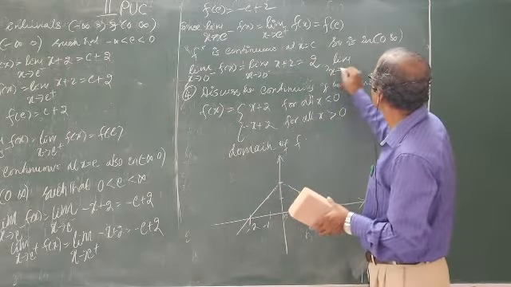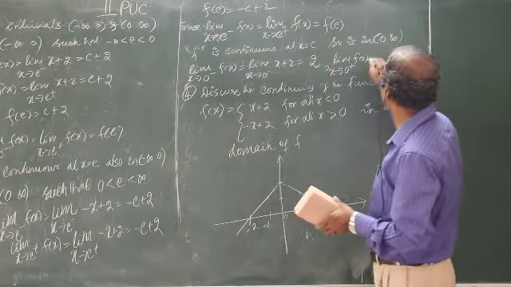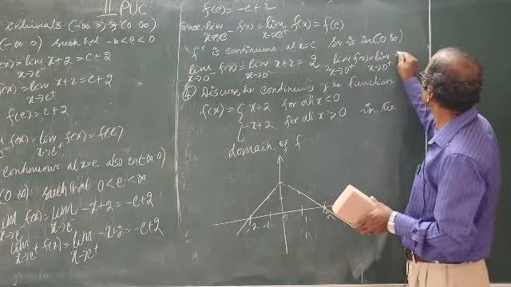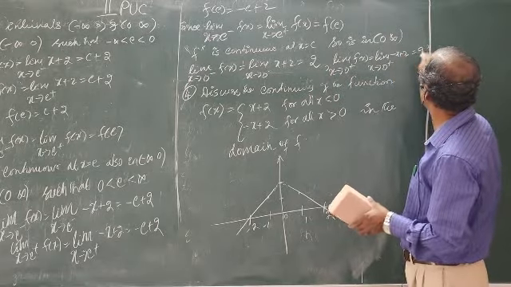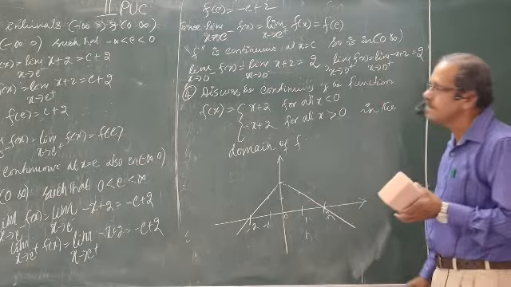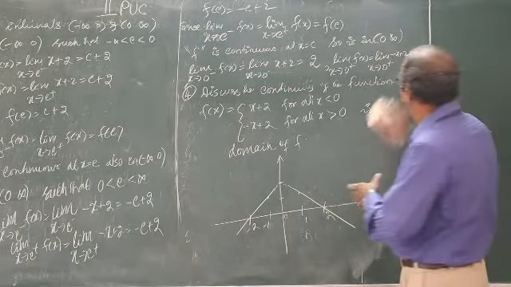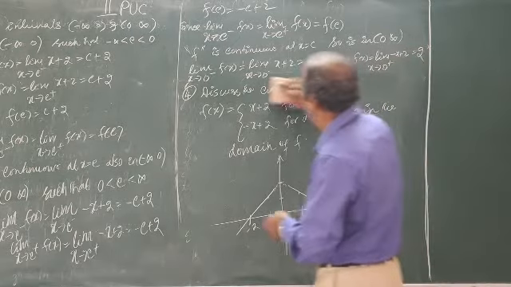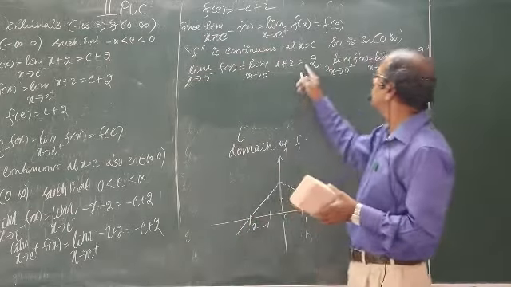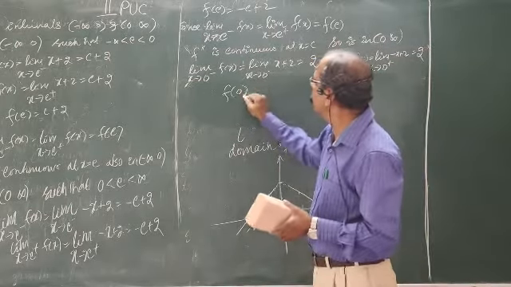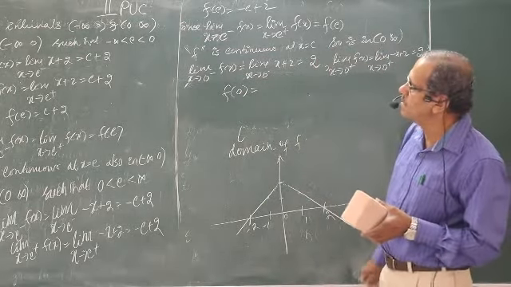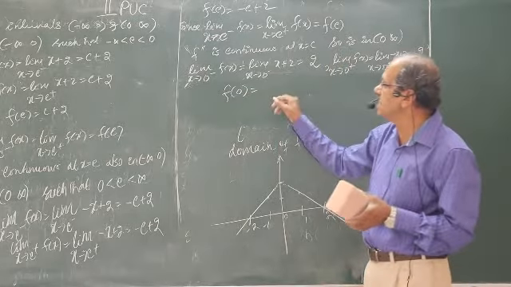Limit x tending to 0 plus f of x, minus x plus 2, is once again 2. The left hand and right hand limits are the same. But what about f of 0? Going back to the definition of the function, f of 0 is not defined.